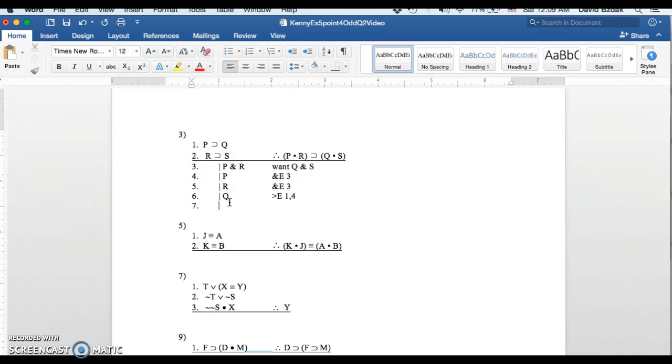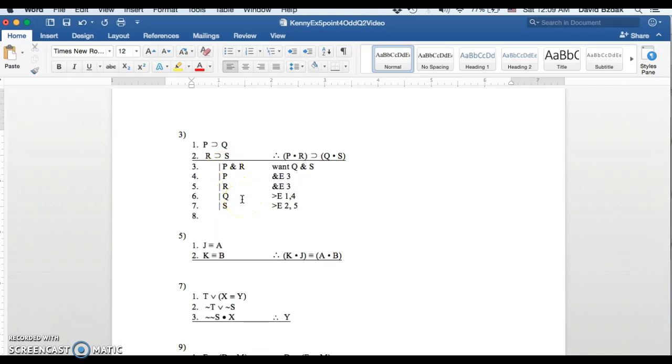Then we can get S by conditional elimination of 2 and 5. 2 is a conditional, 5 is the antecedent, that gives us the consequent. Now we can put those together to get Q and S. Conjunction introduction of 6 and 7.